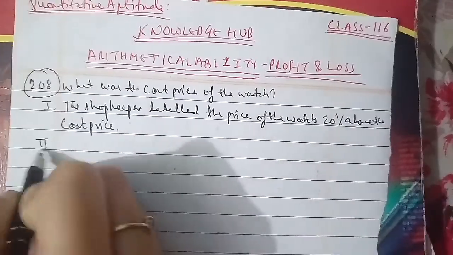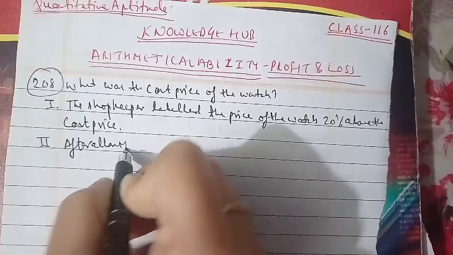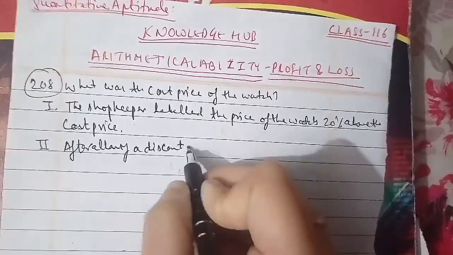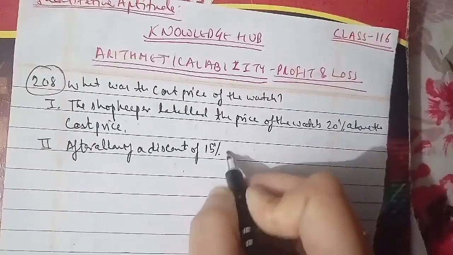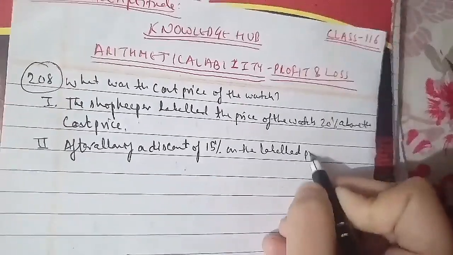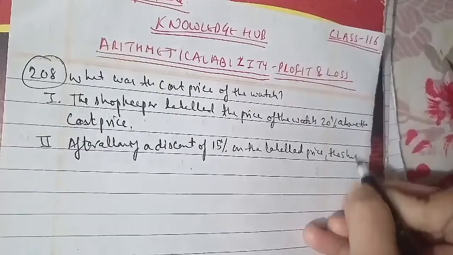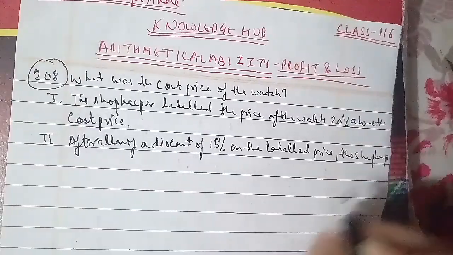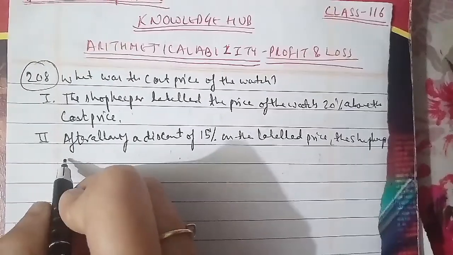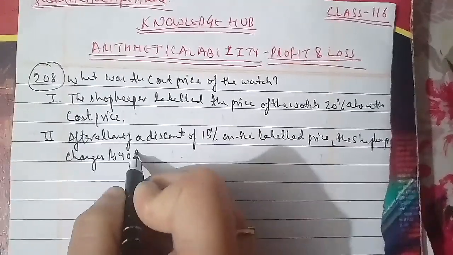Second: after allowing a discount of 15% on the labeled price, the shopkeeper charges rupees 408 for the watch.